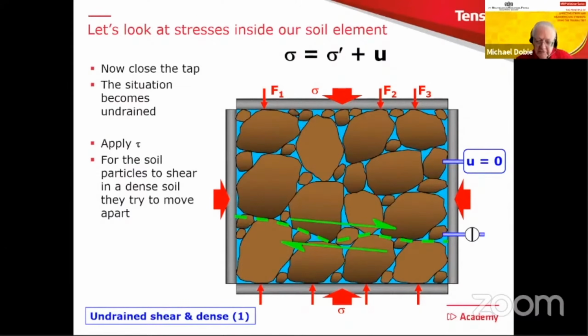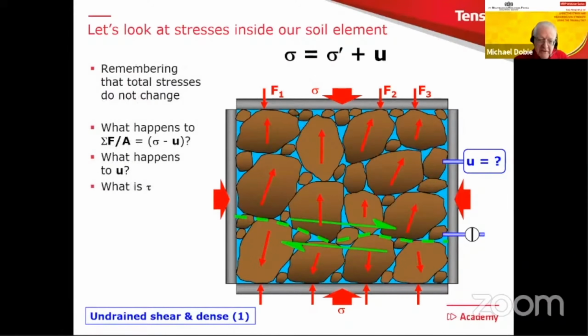We call it dilation. They have to move apart. So let's actually show that happening. There you are. The soil particles are trying to move up, but they cannot move. At the moment, it's not possible because there is no way that it can change its volume, because there's no water coming in and out, and all the elements inside there are incompressible.